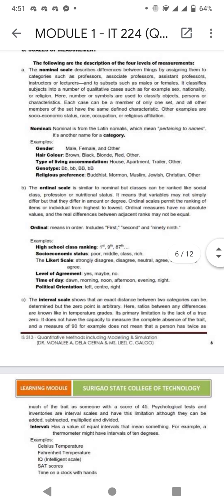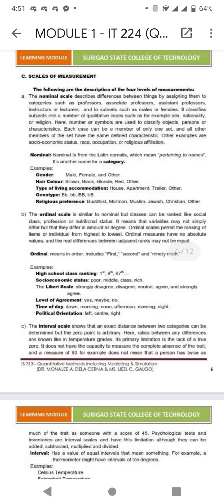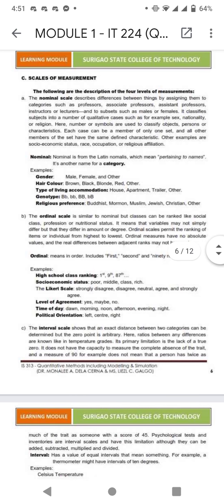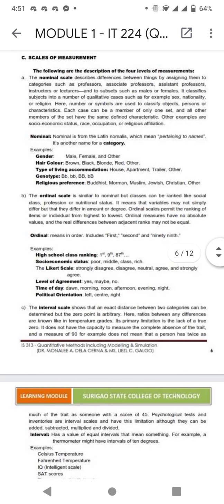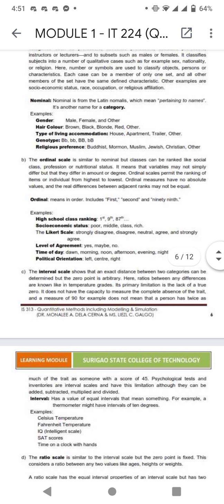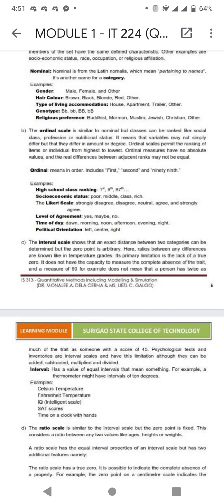The difference is that the ordinal scale is ranked instead of just categorical. For example, high school class rankings, like first, ninth, or 87th. For socioeconomic status, there are people who are poor, middle class, or rich, or even the Likert scale: strongly disagree, disagree, neutral, agree, and strongly agree.